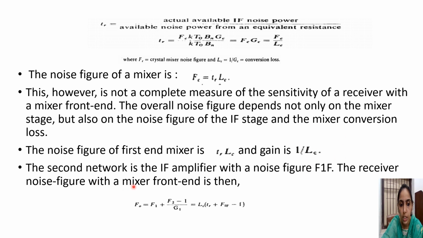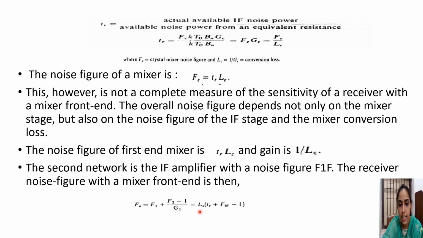So how can you write the overall noise figure, the receiver noise figure with a mixer front end? We have already seen this expression: F1 plus (F2 minus 1) by G1. Here F1 is the noise figure of the mixer, that is T_R L_C, plus F2, which we have written as the intermediate frequency amplifier noise figure, so that is (F_IF minus 1) divided by the gain of the mixer G_C, that is nothing but L_C.